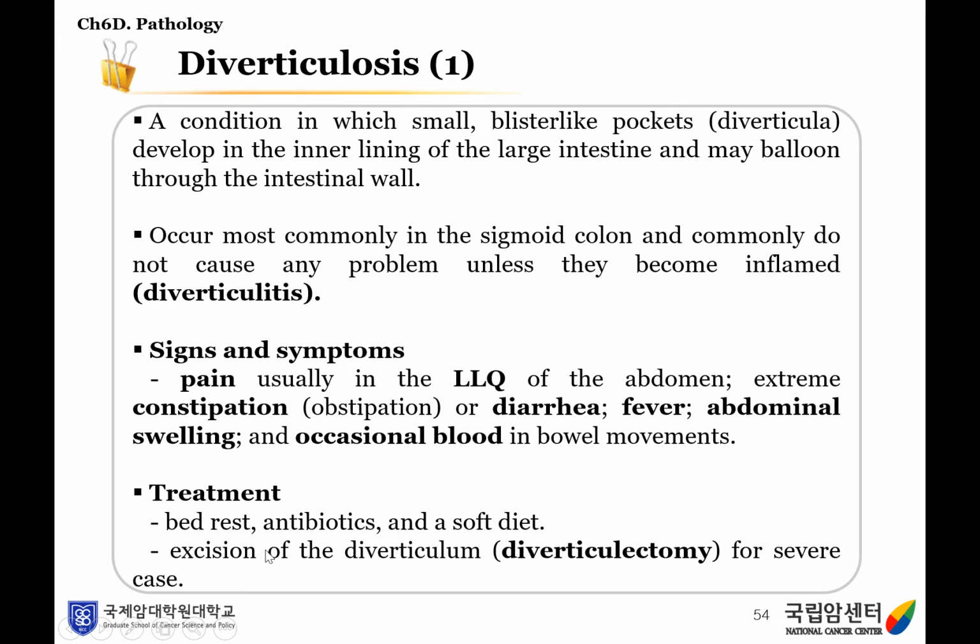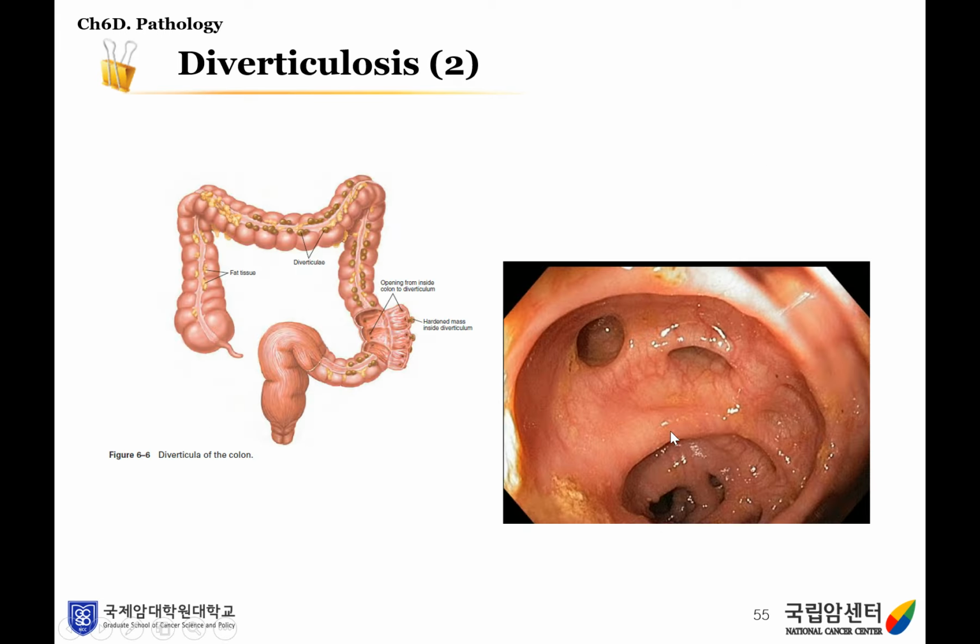As for treatment, bed rest, antibiotics, and a soft diet are necessary. And also, for severe cases, there is an excision of the diverticulum, which is called diverticulectomy. Here, you can see the diverticulosis.